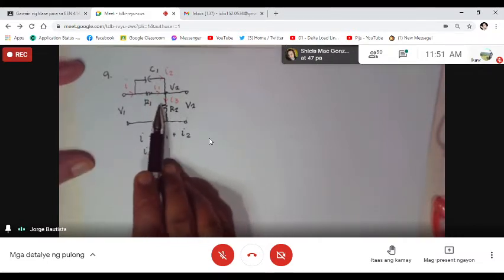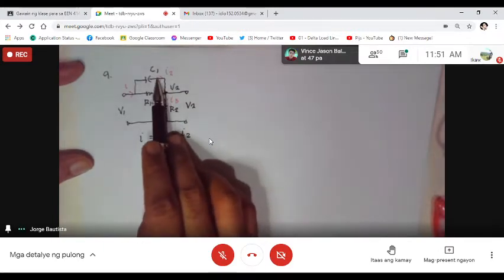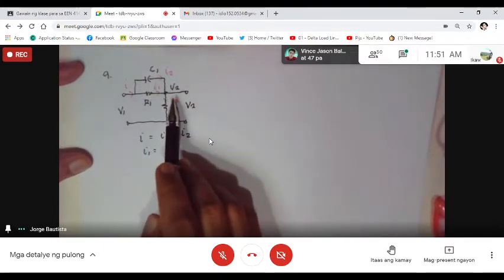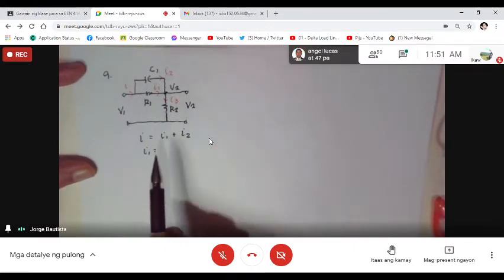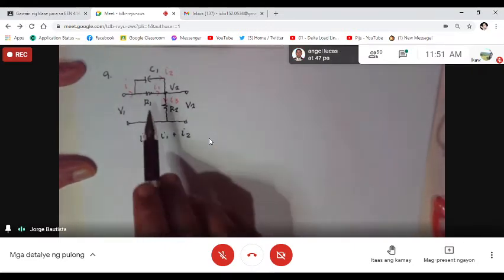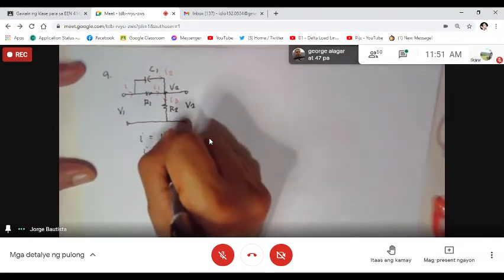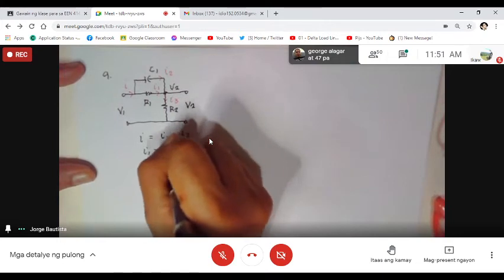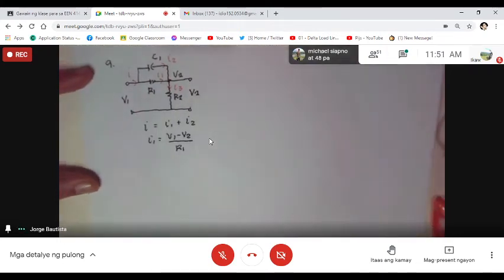So, as you can see, yung arrow ng I1 papunta doon, yung arrow ng I2 papunta doon. Okay? So, ito namang I papunta doon. Okay? Kaya ganito yung equation. So, hanapin mo muna yung I1. So, that is V1 minus V2 all over R1. Okay? So, that is I1.